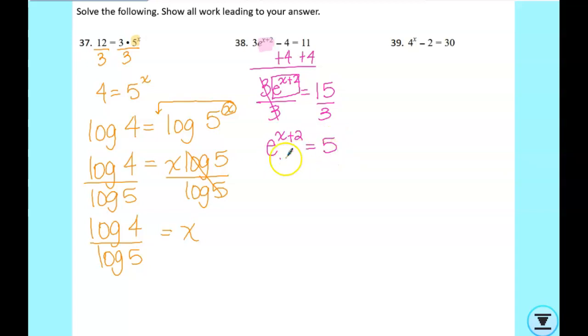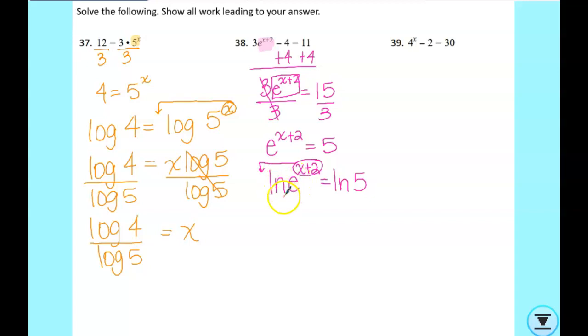And I can't write e and 5 as powers of the same base, so we're going to have to take the log on each side. And in this case, because it's e, we're going to use ln. So we have ln of e to the x plus 2 is equal to ln of 5. So remember that this exponent, because of the power rule, comes out front.